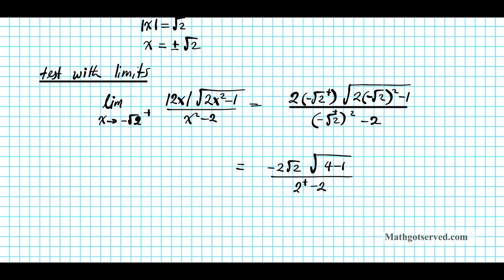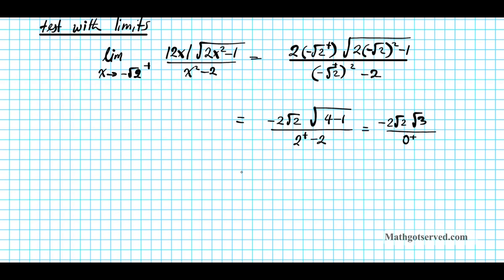If we simplify it, we're going to have negative 2 root 2 times the square root of 3 divided by, this will become 0 from the right, a very small positive number. So that becomes negative 2 root 6. 0 from the right can be written as 1 over infinity, right?